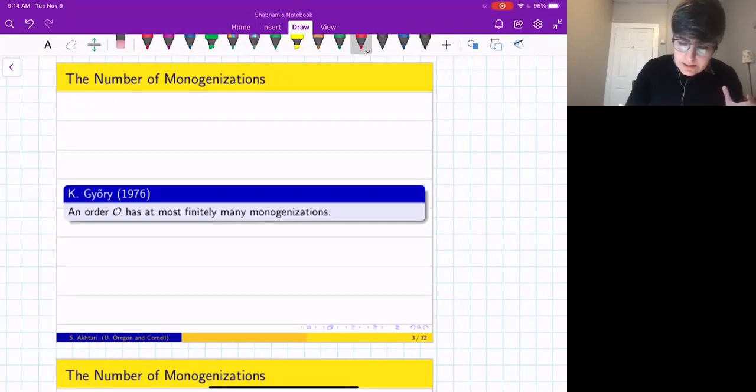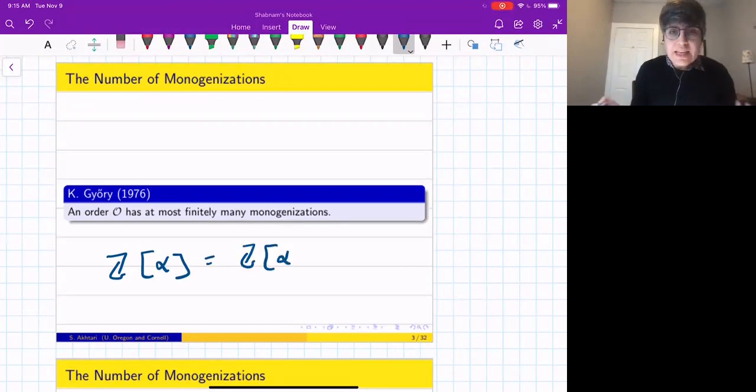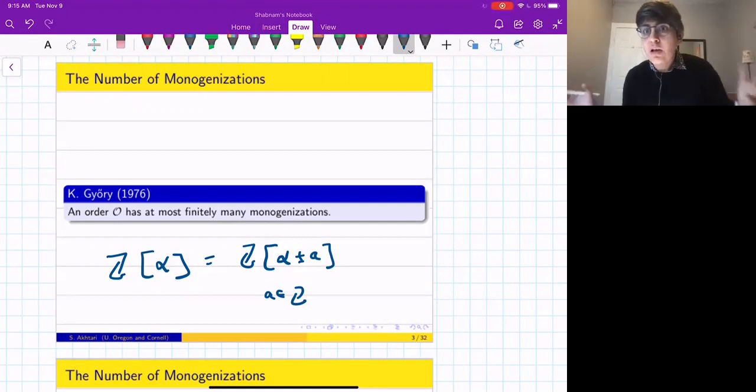For example, as a quick observation, if a ring looks like Z[alpha], then alpha plus or minus any integer would generate the same ring, right? If I add an integer a to alpha, it would be the same ring. So of course I want to count alpha, and alpha plus or minus 1, plus or minus 2, all of them as the same monogenizer.